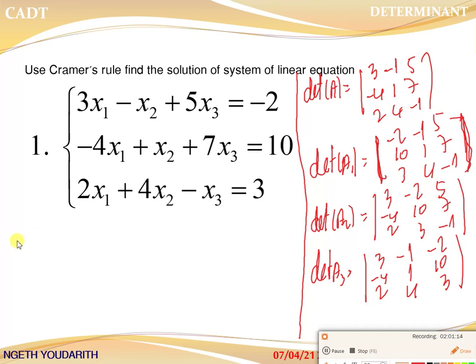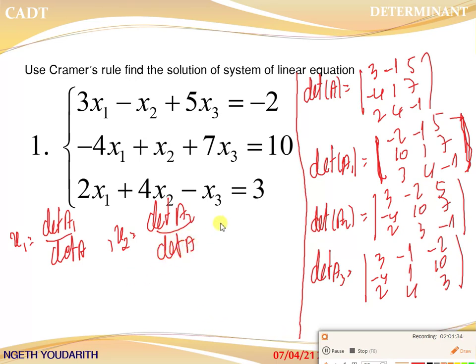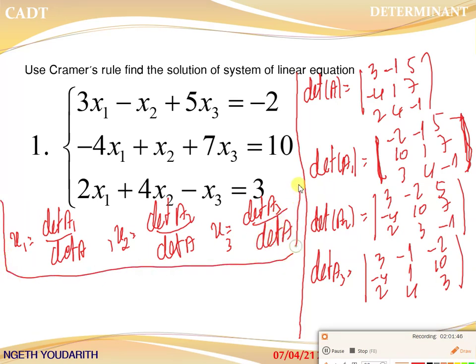So we get x1 equal to dA1 over dA. x2 is equal to determinant A2 over determinant A. And x3 equals determinant A3 over determinant A. This is the solution of our system of linear equations.